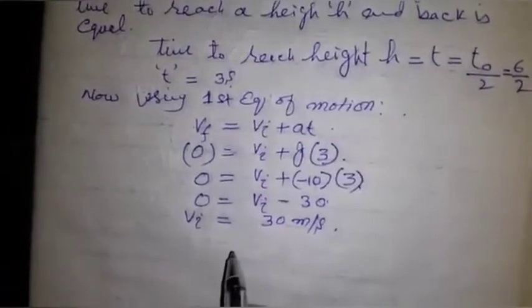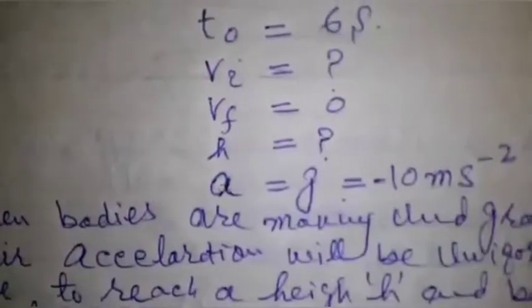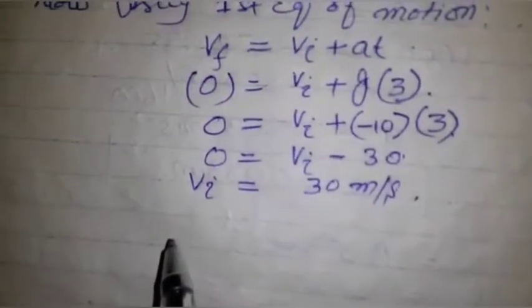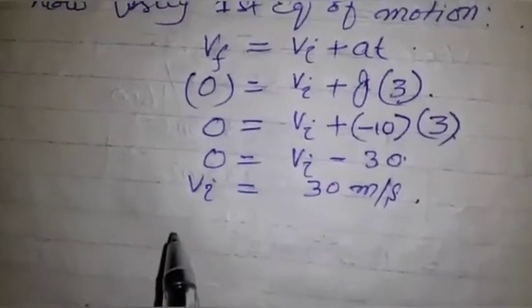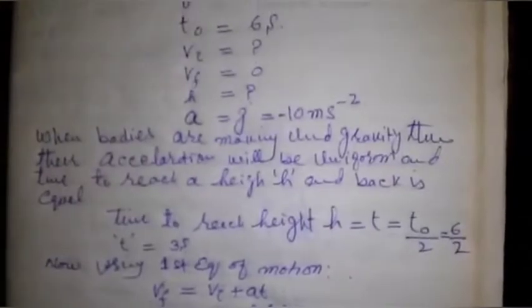Now we have to find its maximum height. We have two methods to find the height. One is we use equation number 2, or we use equation number 3. Here we have sufficient data to use both the equations, so let's try with equation number 2.